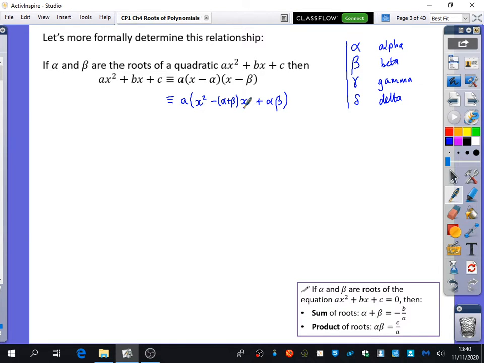So you can get this written down as we're going, please. And then I'm going to expand the brackets so that I have ax squared minus a alpha plus beta x plus a alpha beta. And we think that that is the same as this that we have here.